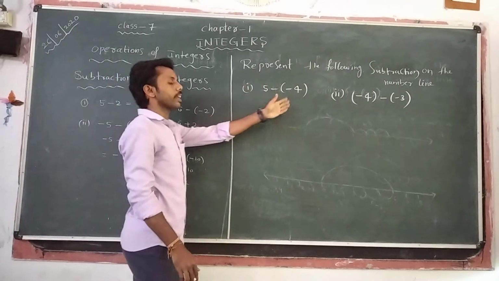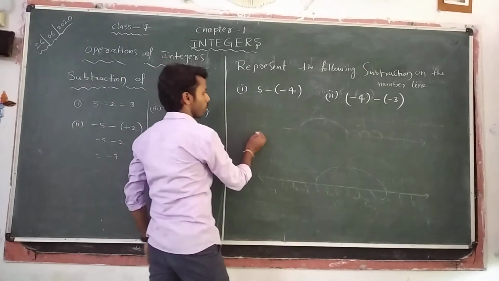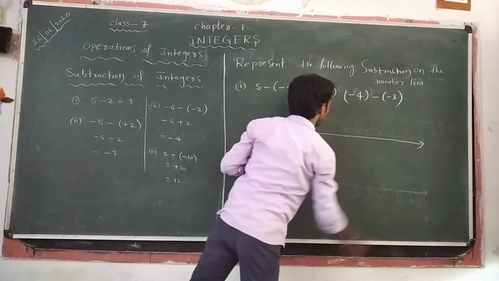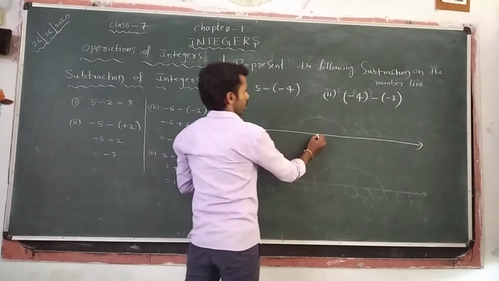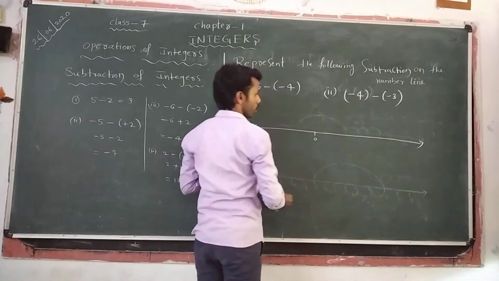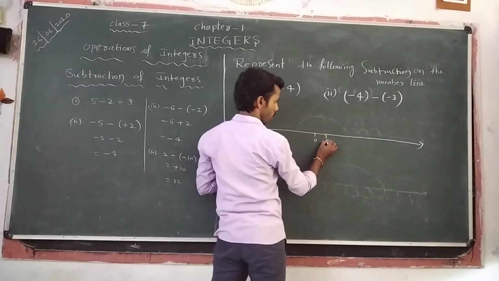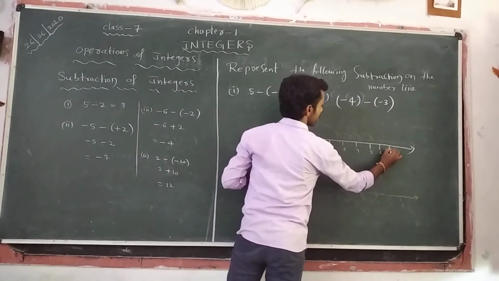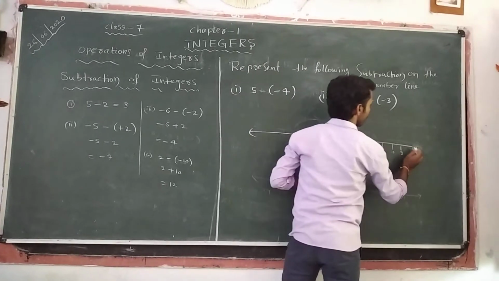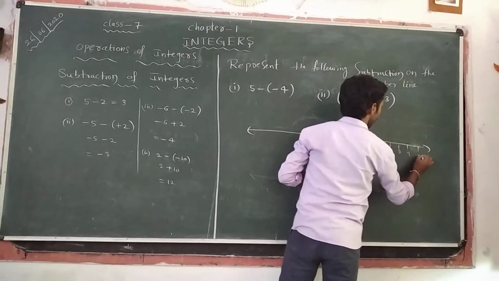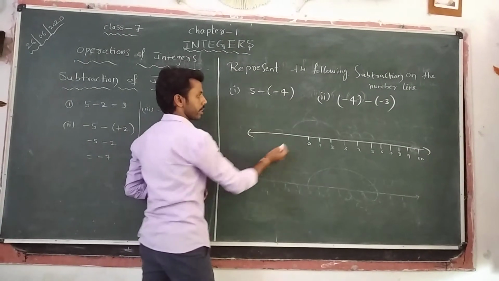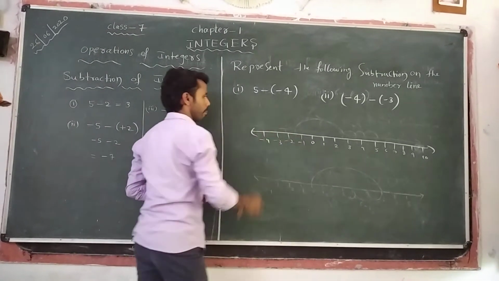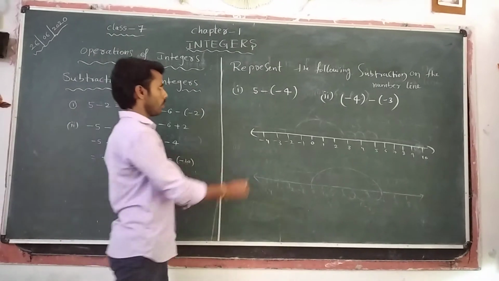First draw the number line: 0, and to the right side of 0 the positive integers 1, 2, 3, 4, 5, 6, 7, 8, 9 and 10, and to the left side of 0 the negative integers minus 1, minus 2, minus 3 and minus 4.